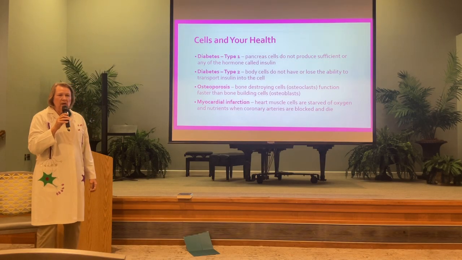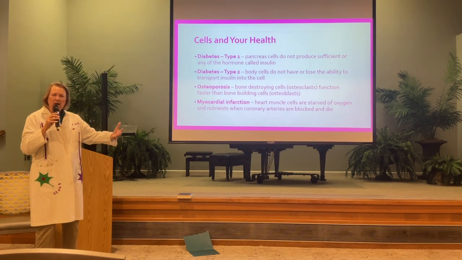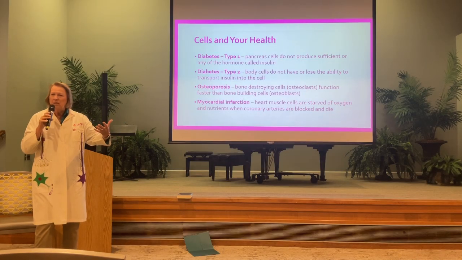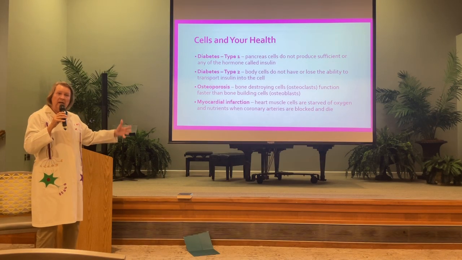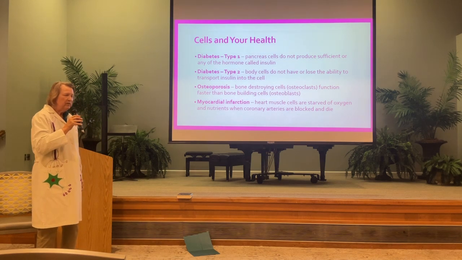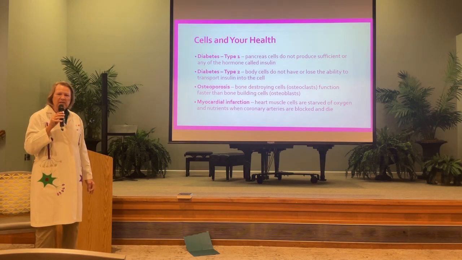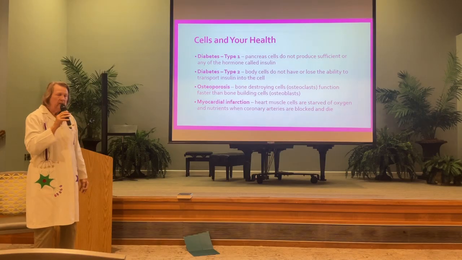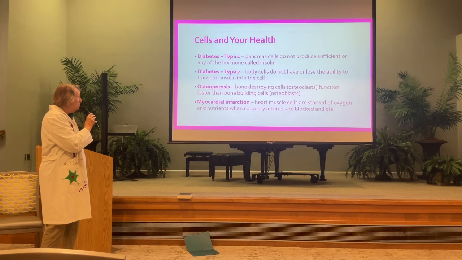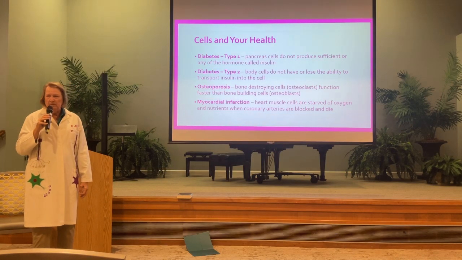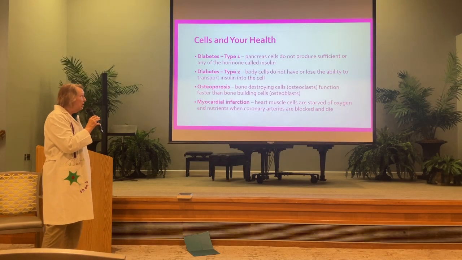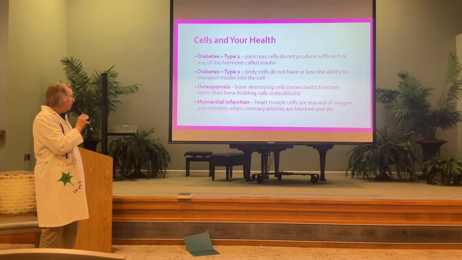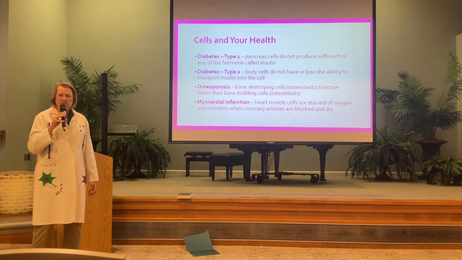And that usually appears early on in life, although we have a friend here that we know that didn't get it until she was in her 40s. So, it can happen later, but usually if you have type 1 diabetes, it'll show up in childhood. Type 2 diabetes is much more common in us older people because the body cells either don't currently have or have lost the ability to use insulin.